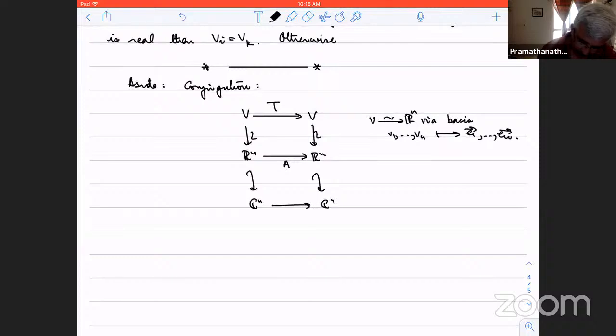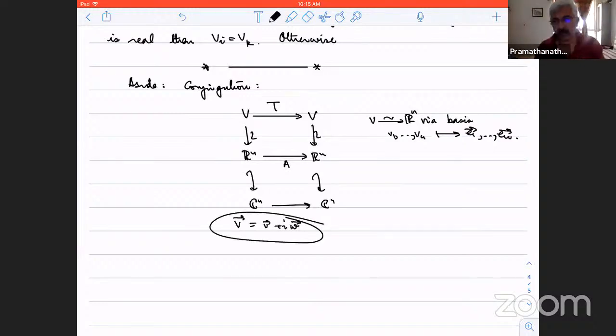Any vector here, or any capital V over here, that's all I meant, okay? And I'm going to worry about this linear transformation here and work with that, okay?